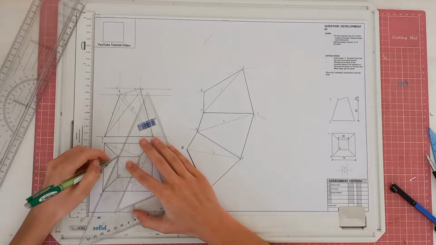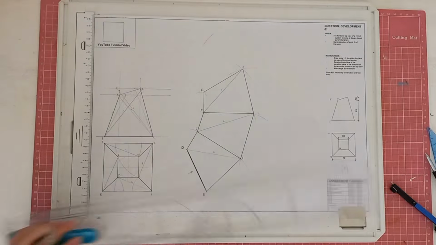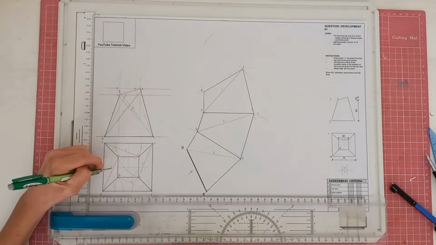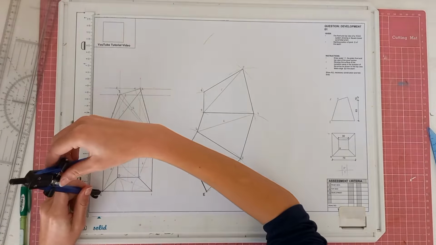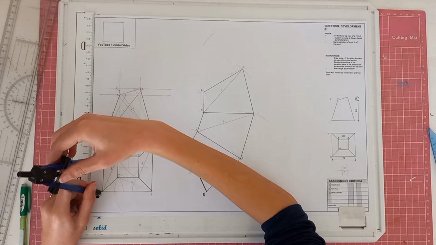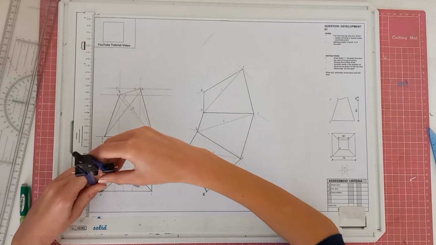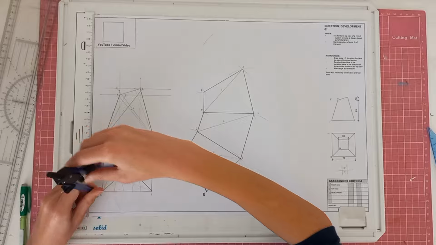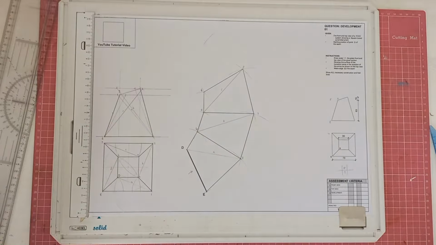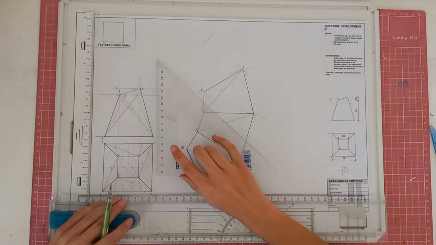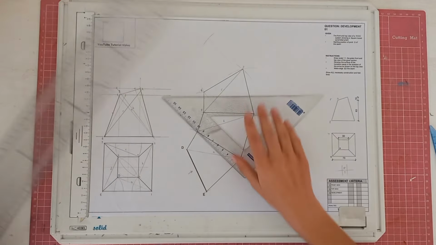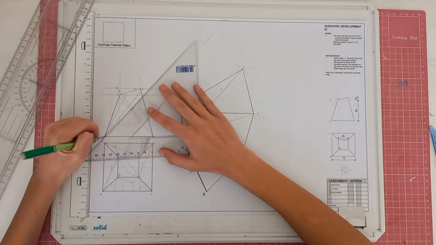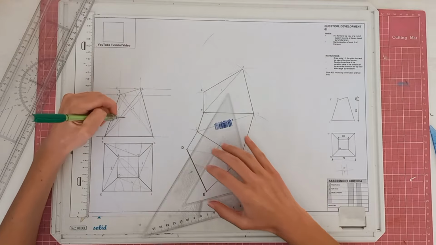We're going to label this small line D, and we're going to bring it onto the horizontal as well. So we've got this line here, bring it onto the horizontal. This will touch the shorter length, so we're going to bring it up to the shorter length over here and make a line. So this will be line D.